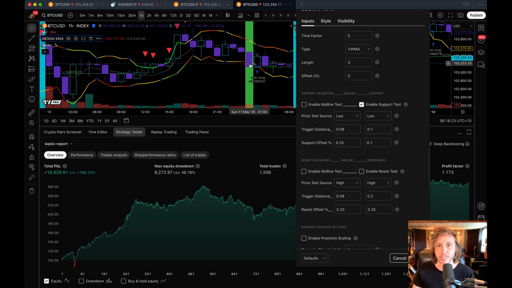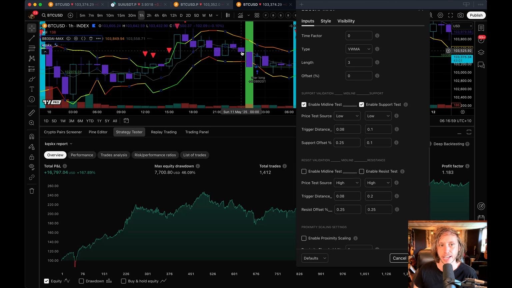Obviously it tested and broke through, but it offsets that price and makes sure that price really strongly broke through the bands. This helps you avoid entries where it barely breaks the bands. It's a little more complicated than that, and I can't get into it too much because I don't even know how to explain it. But the simple explanation is it's looking at midline and support tests.